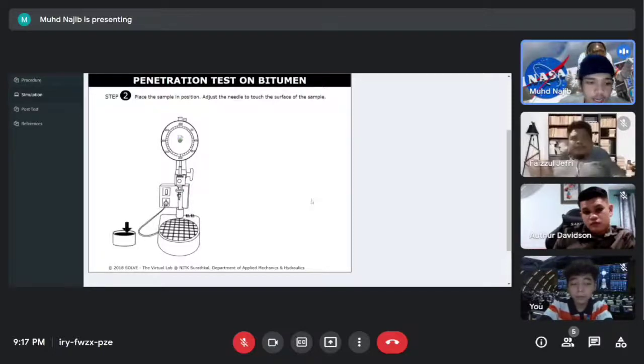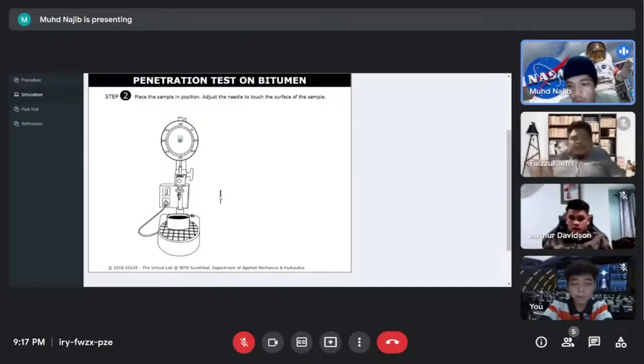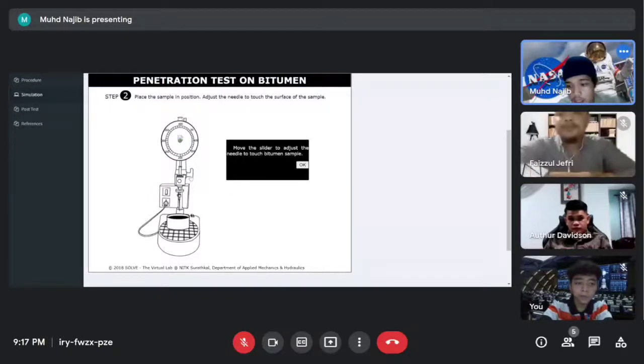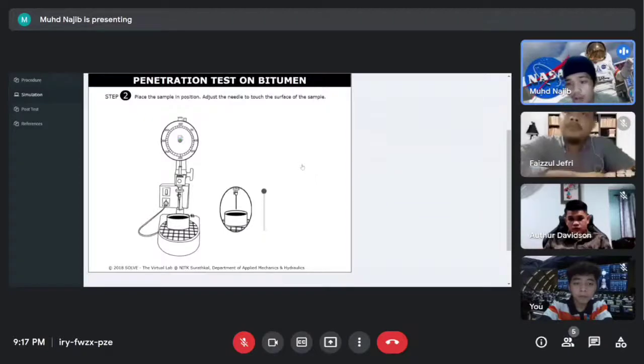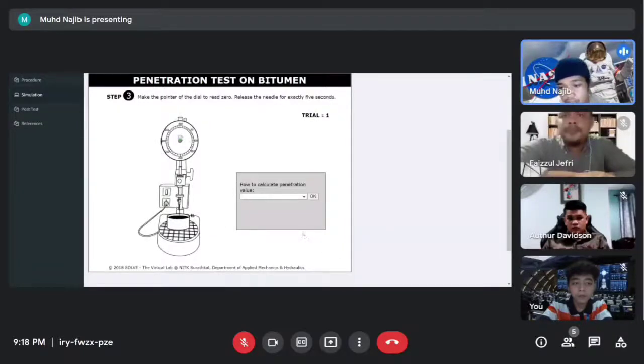Then we take out the bitumen from the bath. For a normal test, the precisely dimensioned needle, loaded to 0.05 gram, is brought to the surface of the specimen at right angles and allowed to penetrate the bitumen for 5 plus or minus 0.1 second, while the temperature of the specimen is maintained at 25 plus or minus 0.1 degrees Celsius.